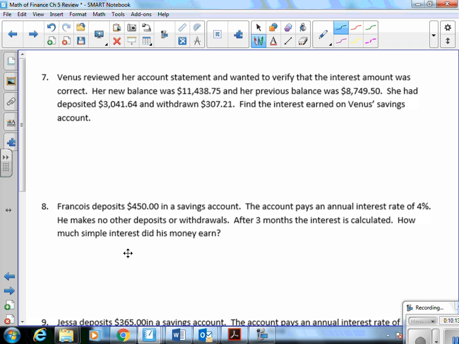Alright, so number 7, Venus reviewed her account statement and wanted to verify that the interest amount was correct. Her new balance was $11,438.75, and her previous balance was $8,749.50. She had deposited $3,041.64 and withdrawn $307.21. Find the interest earned on Venus's savings.